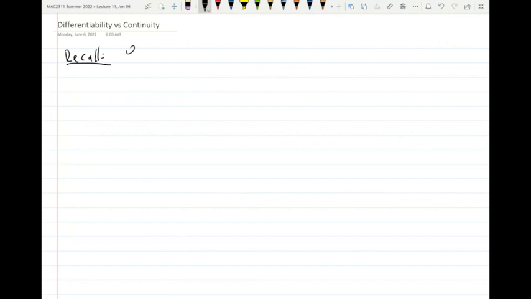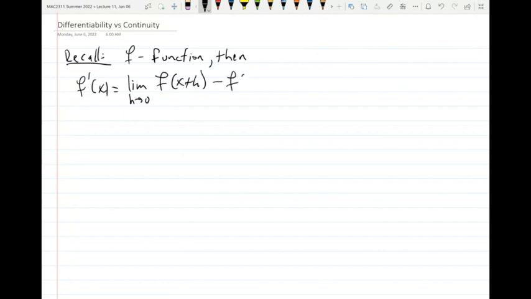So recall, if f is a function, then f prime of x is the limit as h approaches 0 of f of x plus h minus f of x over h. This is the derivative of f.